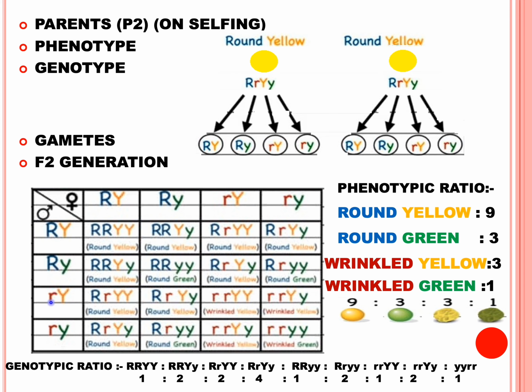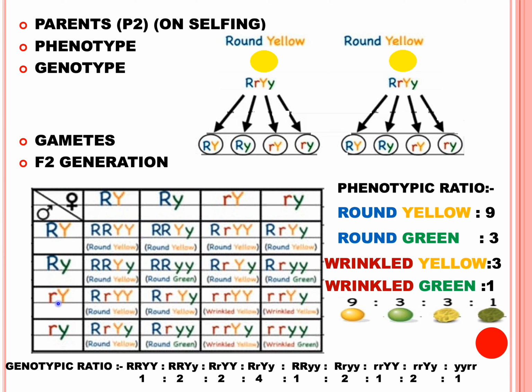Now see this combination again of a male gamete with small r and capital Y, if it fuses with a small r and capital Y type of female gamete, then the genotype would be small r, small r, capital Y, capital Y, again the recessive trait, and this time the wrinkled trait would be obtained along with yellow color of seeds.